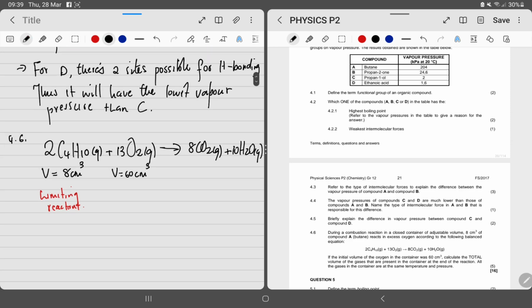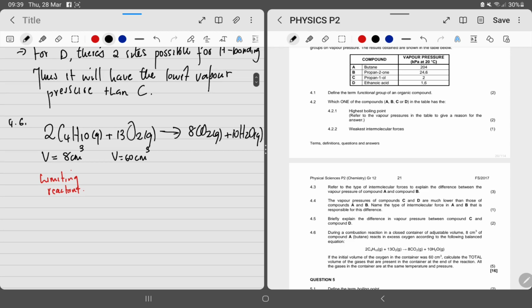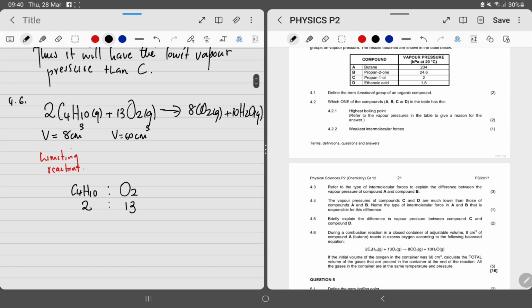Okay. So the first thing to do here is to find out how much of the oxygen is needed in order to react completely with what? With the butane. So we will use the balancing numbers. We have C4H10, and then we have oxygen there. And then we have a 2, and then we have 13 this side.